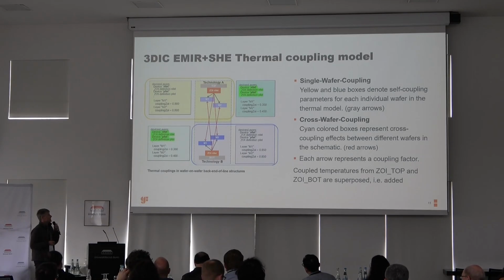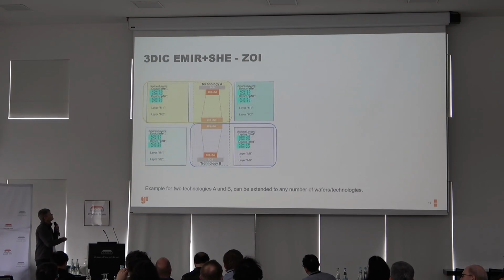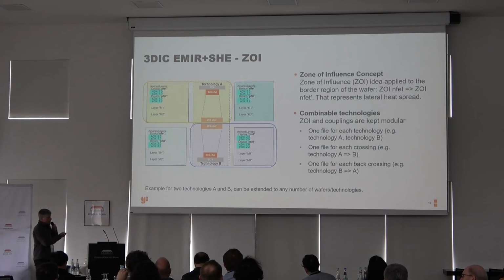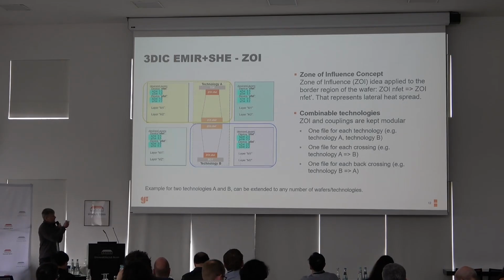So this is our suggested architecture, so that we can combine not only two wafers, but 3, 4, however many wafers you want, and compose it. And even this zone of influence, because the heat is spreading spherically, can be modeled like this: you have the original zone of influence, and then just on the boundary you have a larger zone of influence.